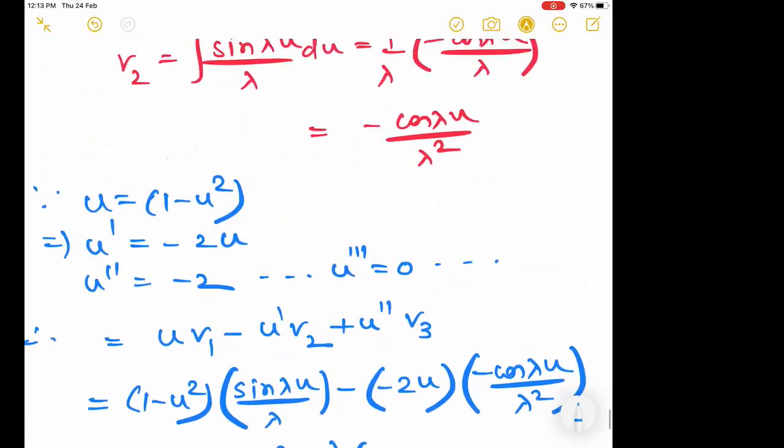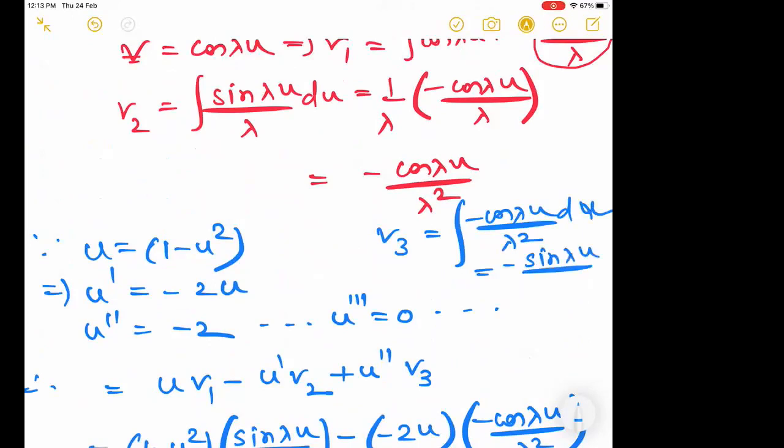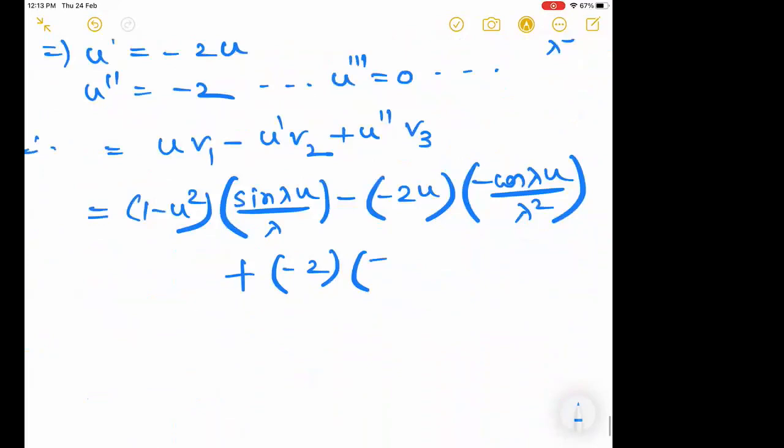And the third derivative we have not calculated, just take it: v3 is equal to the integral of minus cos lambda u upon lambda square du, which is nothing but minus sine lambda u upon lambda cube, because that minus sign will remain as it is. So you can put it here like that. Lambda cube, and all the terms are in the limits 0 to infinity.